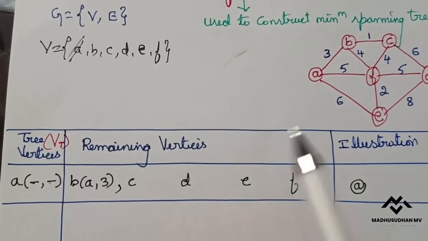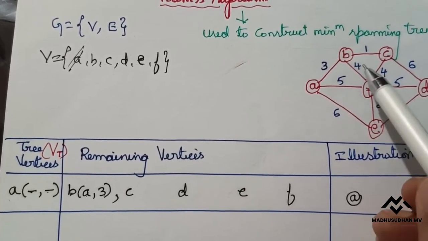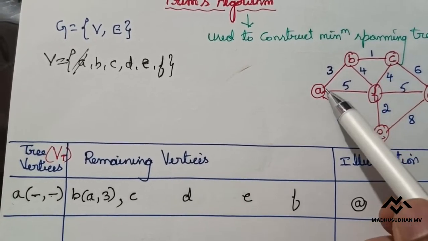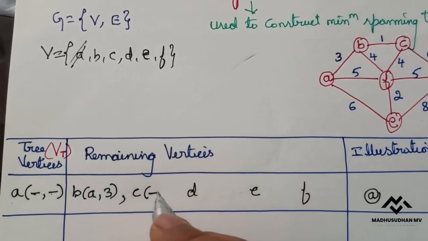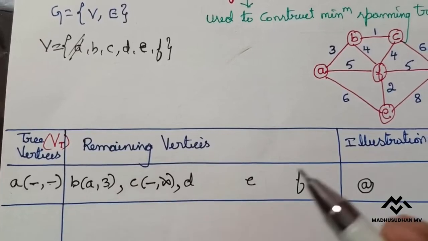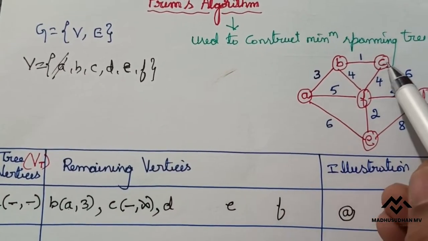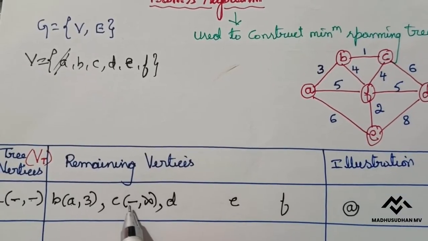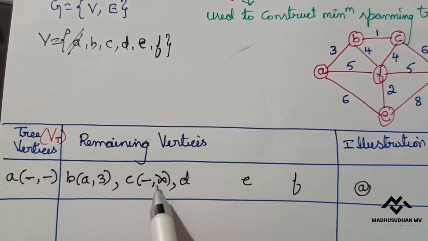Similarly, C. Is C connected to A? No. Since C is not directly connected to A, I will write dash comma infinity. That means I cannot reach C from A, so dash, and since I don't know how to reach C, I write infinity, some larger value.